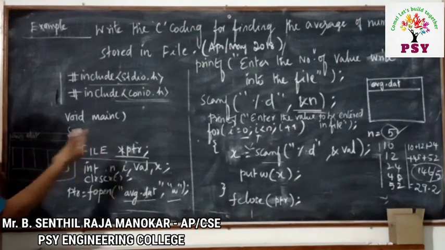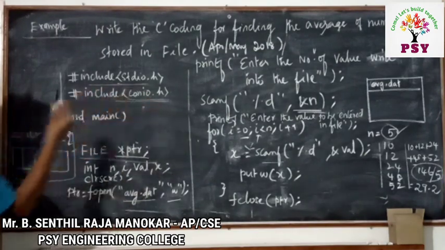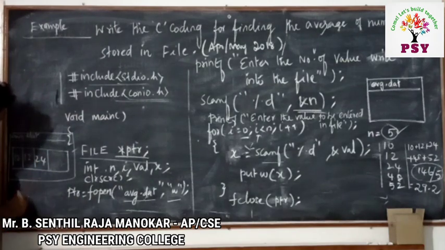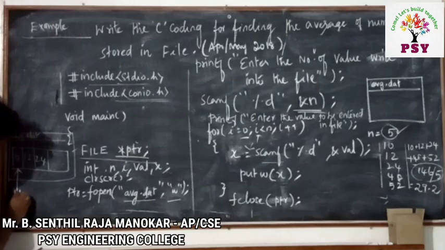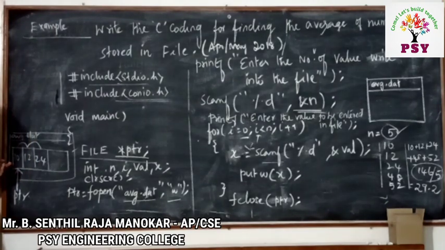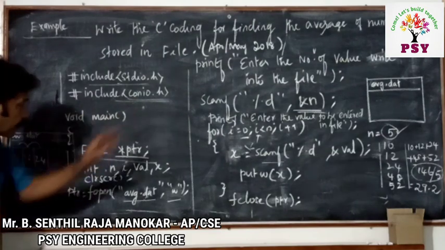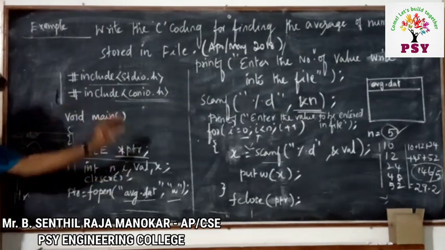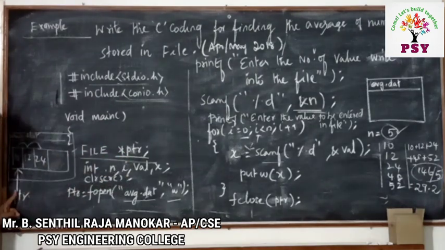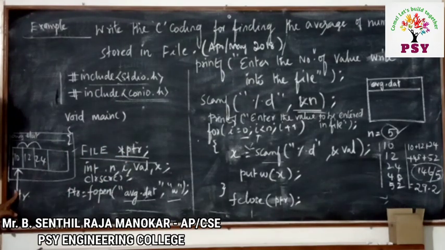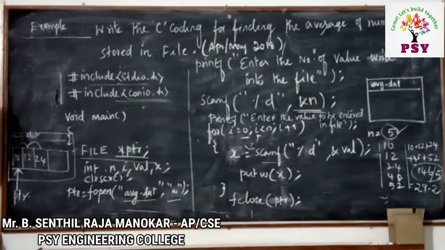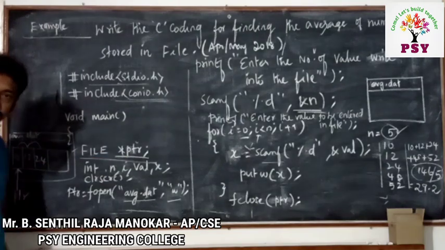Here, what is the value? Already we have it: 10 here, 12 here, then 24. First the pointer will be at the first value, then it will move one after another. We are going to do that inside the coding. But we should know the purpose of this pointer: nothing but pointing to the values stored in the file. That is the purpose for which we have created it here.